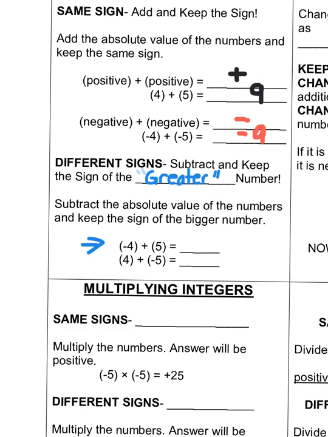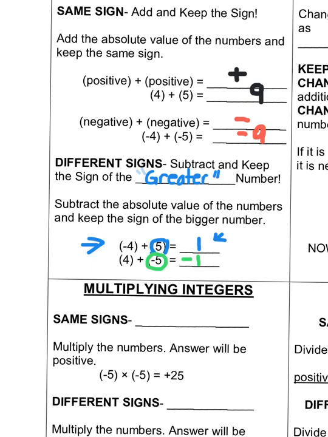Subtract how you would normally, 5 minus 4. 5 minus 4 is 1. And then since the 5 is the greater number, and it has a positive value, our answer will be positive 1. In the next example, we have 4 plus negative 5. We subtract 5 minus 4, the larger absolute value minus the smaller, but since the 5 is the greater absolute value, the answer will be negative 1.